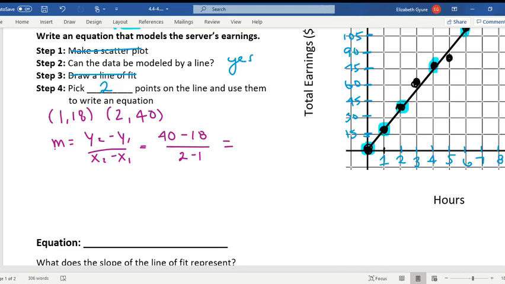You writing any of this down? 40 minus 18. I think that's 22. Yep. Cool. So we got 22 over 1. How can I rewrite 22 over 1? Just 22. Okay. So that is my slope.